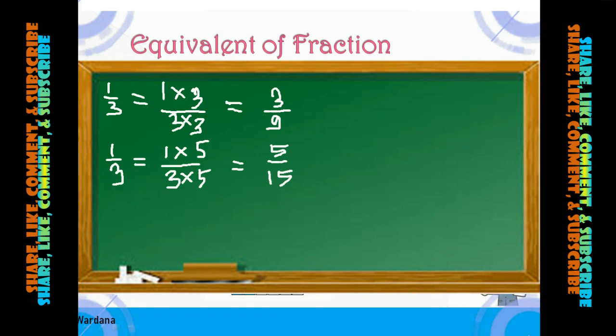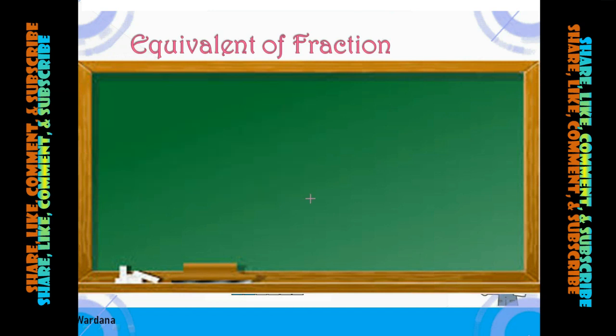Okay. If you want to find the lowest term of the fraction given, let's try some example. Okay, for example, we have 21 per 35.